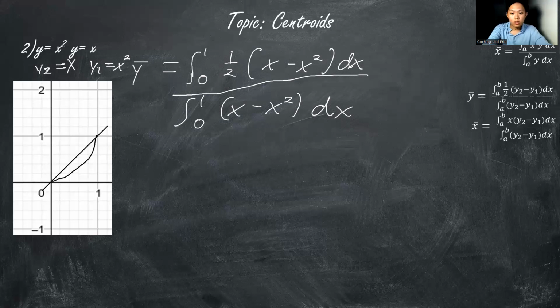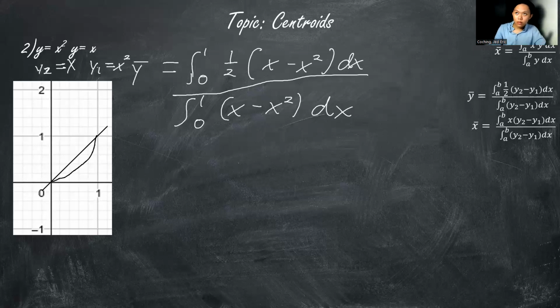So x minus x raised to 2, with an upper bound and lower bound of 1 and 0.